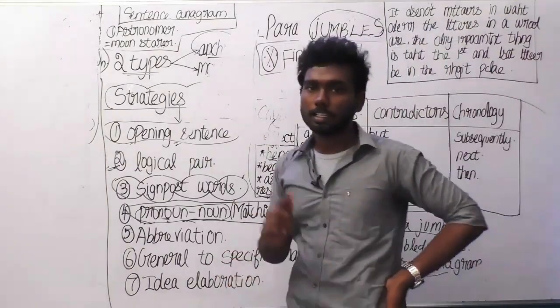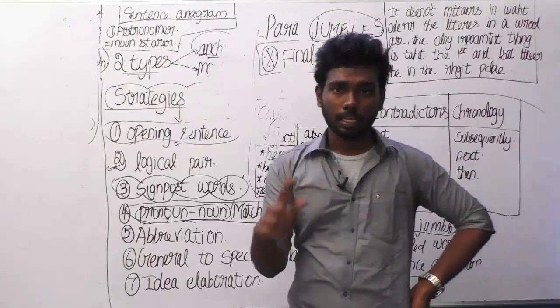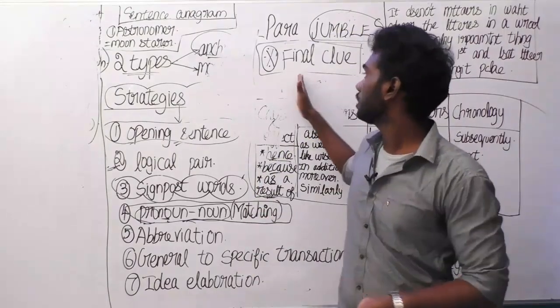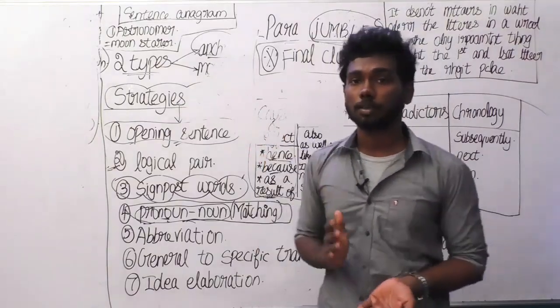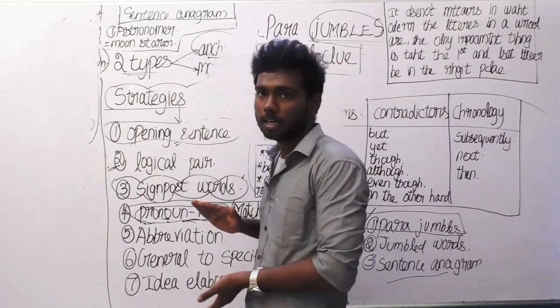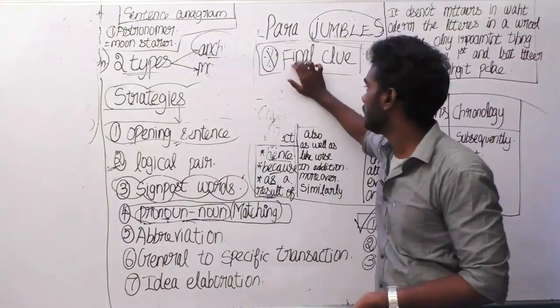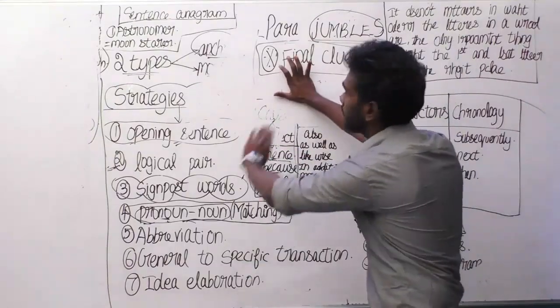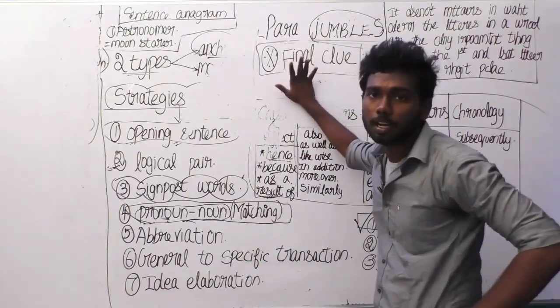There is only one final clue. With that clue, you can find the para-jumble answer with an accuracy of about 60 to 70%. And having this, you will get a 100% confirmed answer. Even without knowing the other things, you can get the correct answer 60 to 70% of the time.